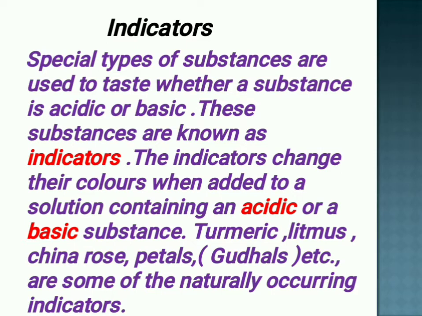So you will come to know that green means acid, red means base. You are getting some confirmation by using something that this is acid and this is base, and that is called an indicator. It indicates which is acid and which is base.